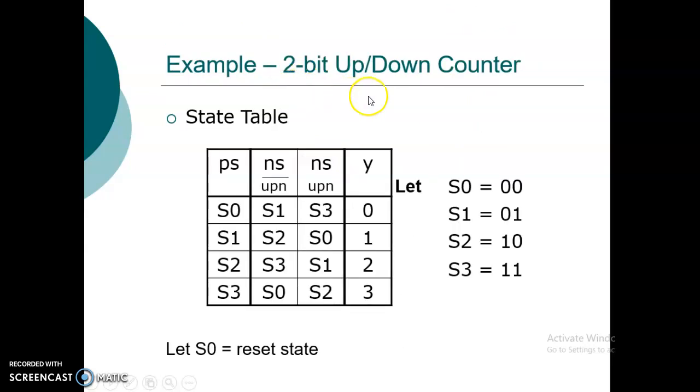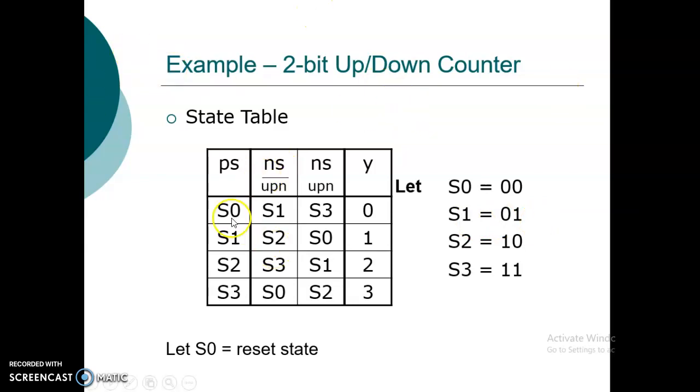In 2-bit up and down counter, state table. Here PS present state, NS next state, UPN bar, NS next state, UPN, Y equal to output. Okay, let S0 equal to 00, S1 equal to 01, S2 equal to 10, S3 equal to 11.